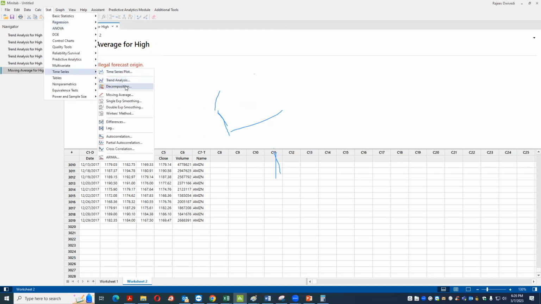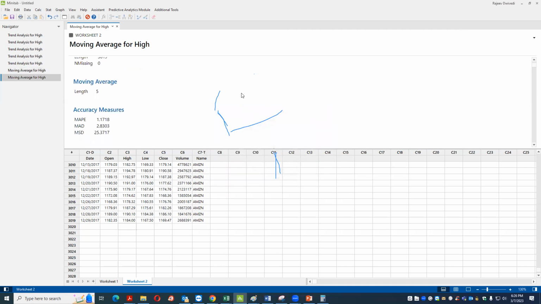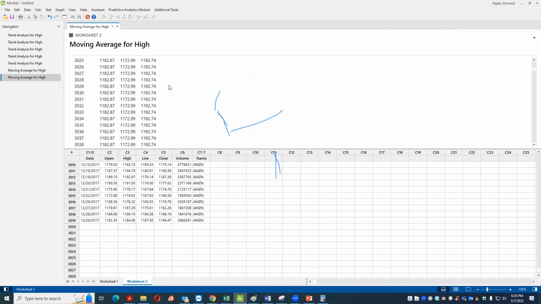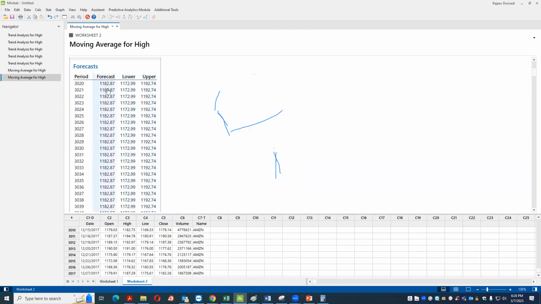Sorry, trend moving average. Generate forecast. Here it automatically forecasts 3020. And you can see all the forecasted values are the same.